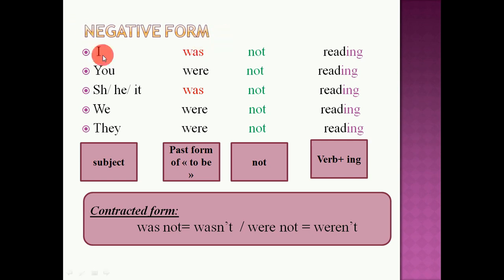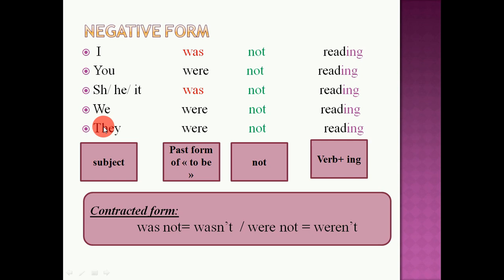So I was not reading. You were not reading. She or he or it was not reading. We were not reading. They were not reading. شفتوا not بلاصتها وين؟ After the auxiliary. In the past continuous tense it's between the auxiliary and the ing form of the verb.